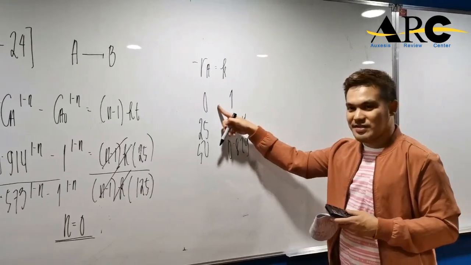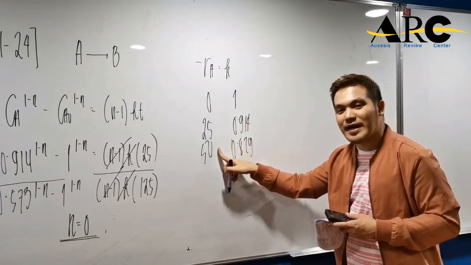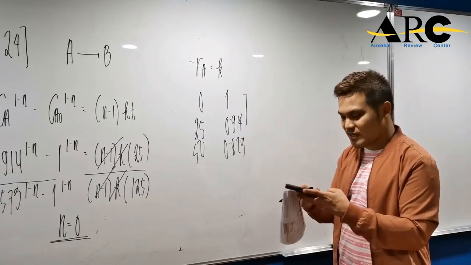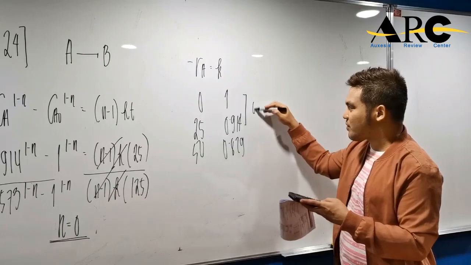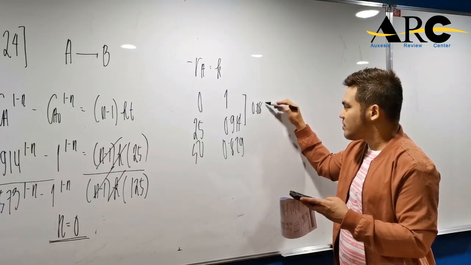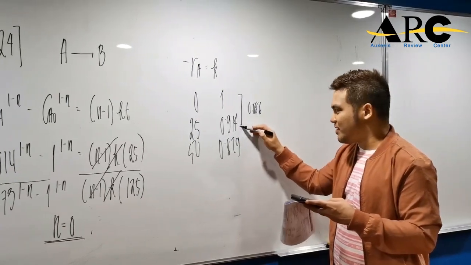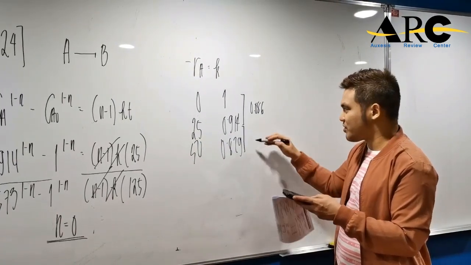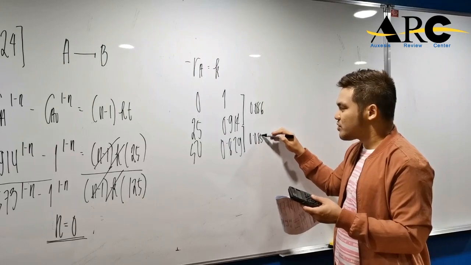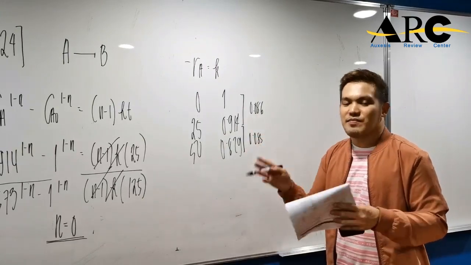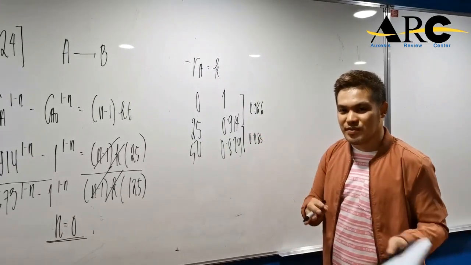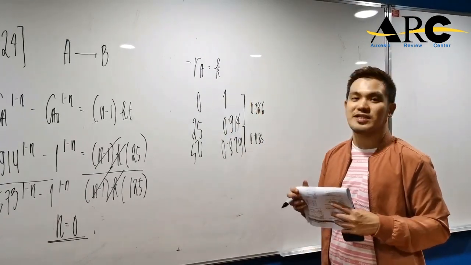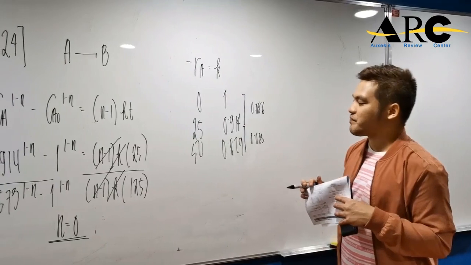O tignan nyo, at same time interval na 25 seconds, yung nawala sa concentration is 0.086. At same time interval na 25 seconds, ang nawala sa concentration is 0.085. Kapag tinuloy-tuloy nyo yan, 0.085, 0.086, ganun lang yung makukuha nyo. Kasi yan yung definition ng 0 order.